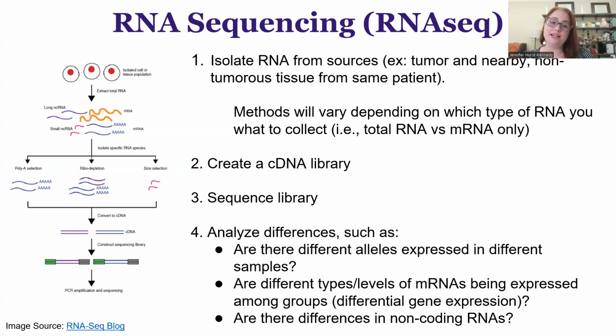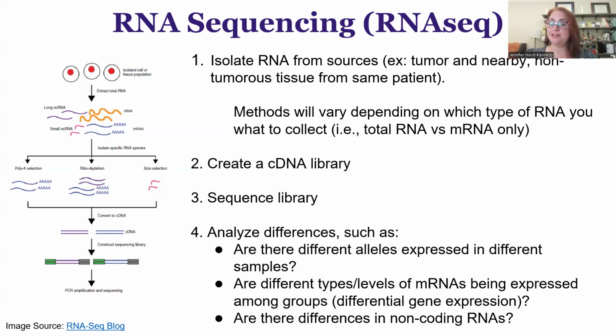After collecting your RNAs, you will create a cDNA library with reverse transcriptase to stabilize the samples. And then that will be sent off to a sequencing facility, and they will do the sequencing, and you will get back all of the A's, T's, G's, and C's from all of your samples. So you're left with this massive data set.